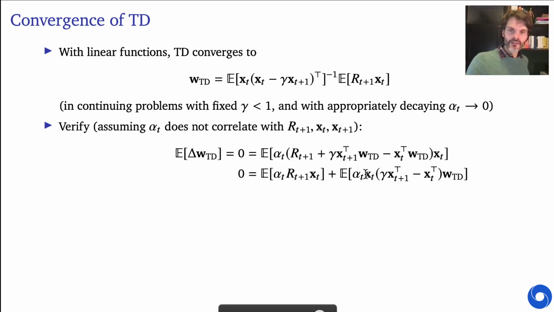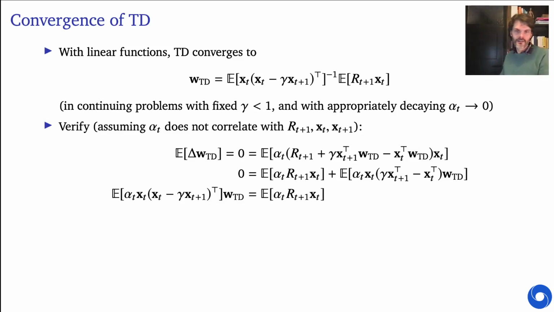And then having put that on the left-hand side, we notice that on the right-hand side we have these WTD. So we can also pull that outside of the brackets, which means we are left with this gamma times xt plus 1 minus xt, both of which are transposed, because they were multiplying with this weight vector. Right? Okay, so now we can again rearrange things.